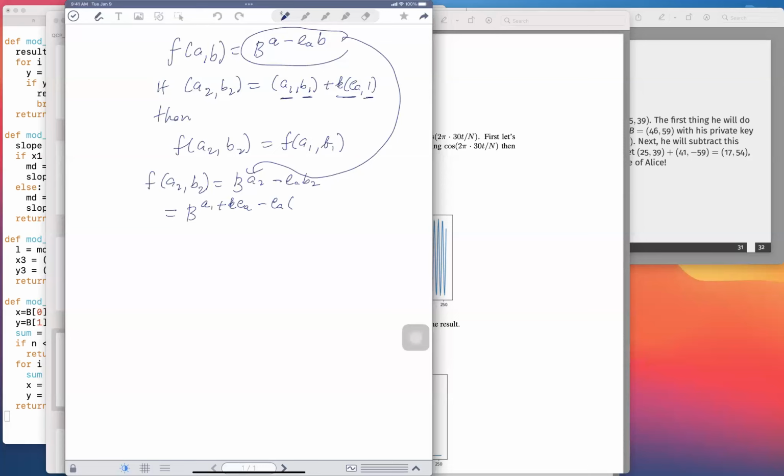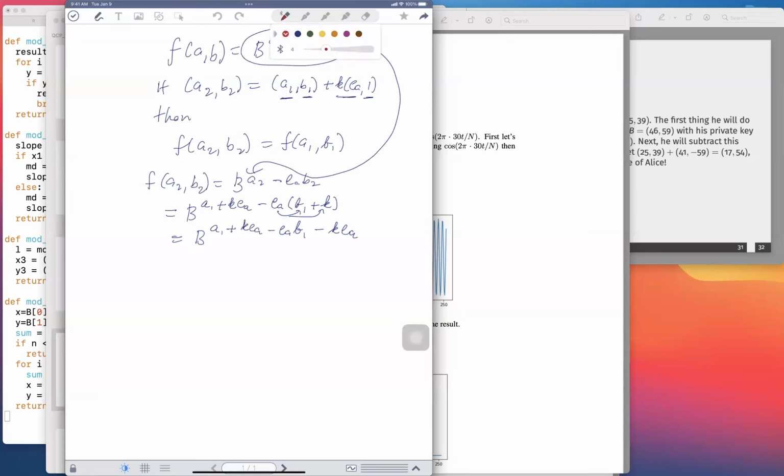B1 plus K. So this one is equal to B raised to A1 plus K EA, and then you distribute this here to give you EA B1 minus K EA.